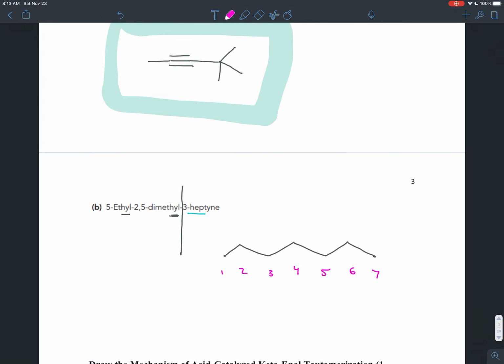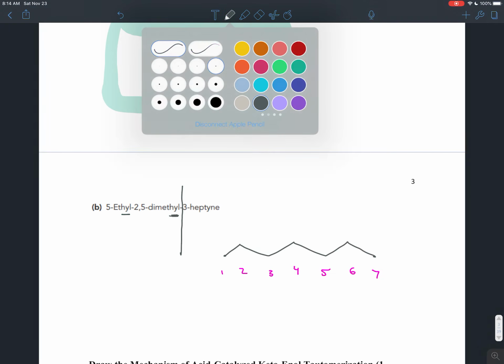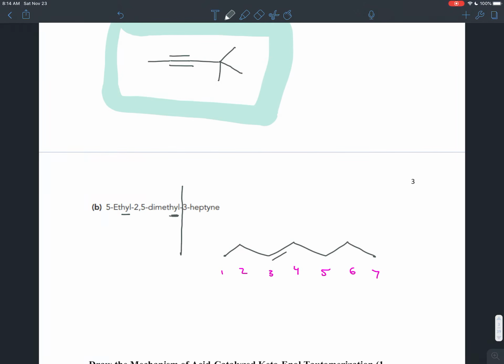The numbering is also useful because it makes sure that you didn't add or leave out any carbons of the backbone. So hept, 7. Now the infix for this is YN. That means we have a triple bond where it starts on carbon number 3, the number that's immediately in front of the name for the backbone. So from 3 to 4, it always goes to the next one, you have a triple bond.